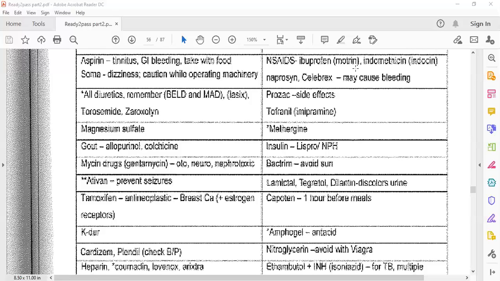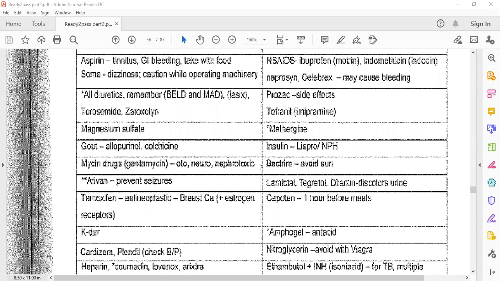Now a little bit about NSAIDs. Examples of NSAIDs we use are indomethacin, ibuprofen, naproxen, or diclofenac.